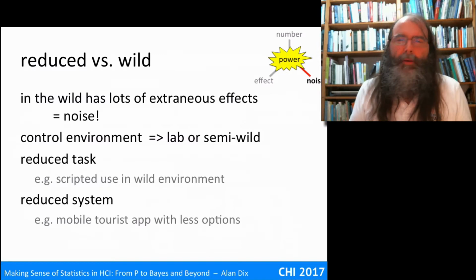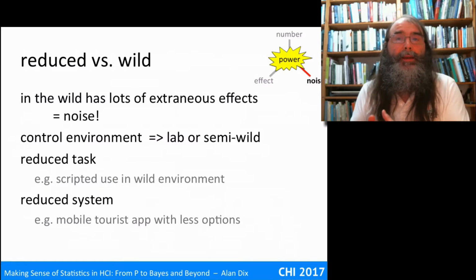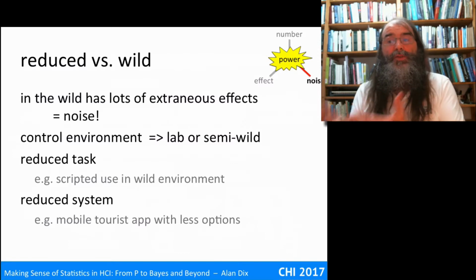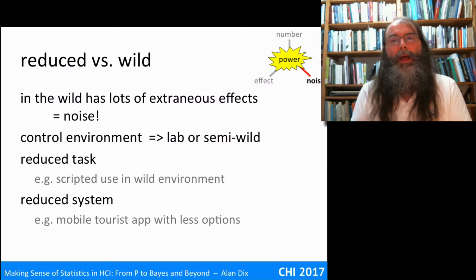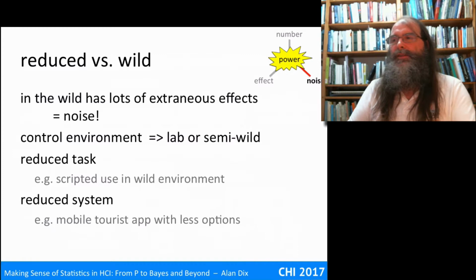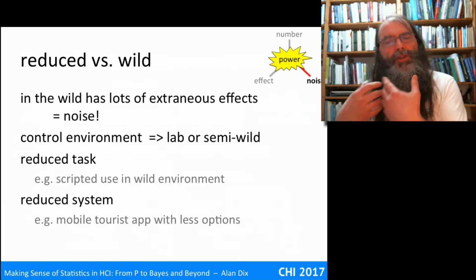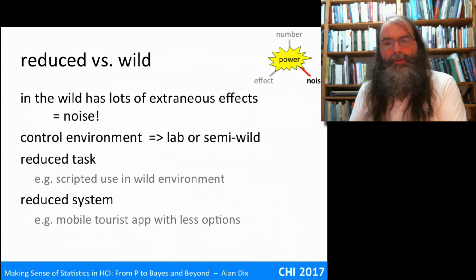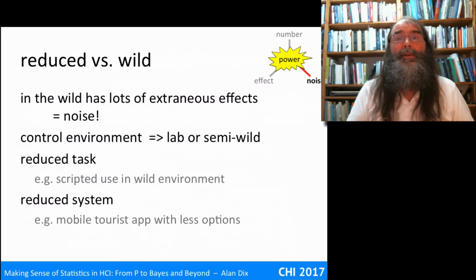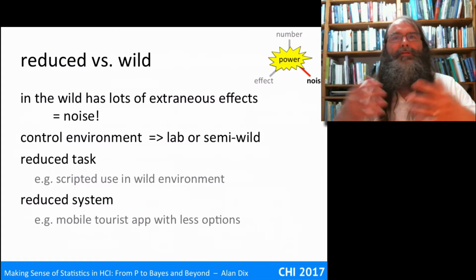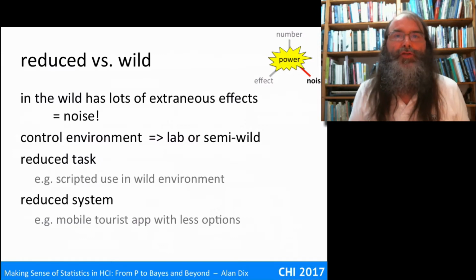Another ongoing debate within the field is between whether you have laboratory experiments or in the wild experiments. But also, even if you're in the wild, if you're using a system in a real setting, you might do things to constrain that setting. The trouble is, if you just go to people and say, do what you like, the level of noise, in the sense of the uncontrolled things, is huge.